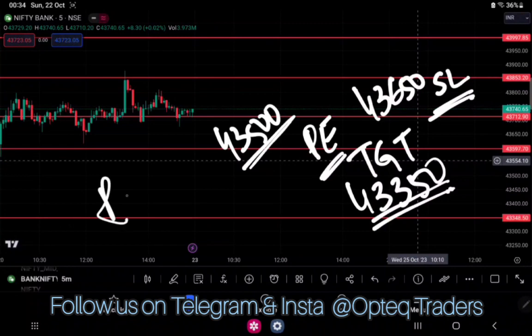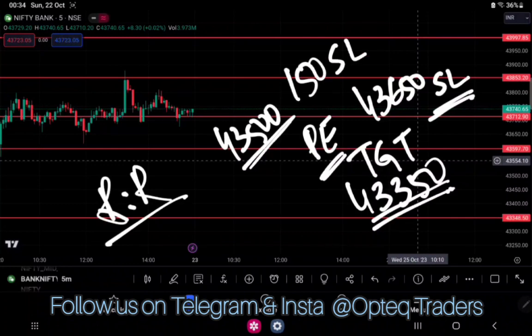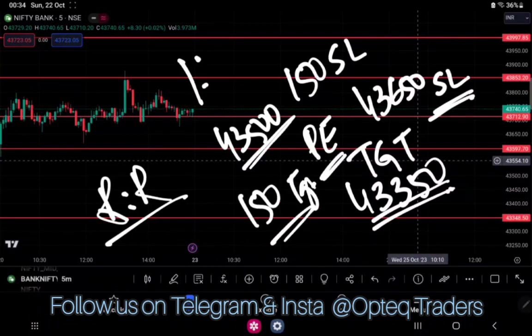Now the risk reward ratio is good here, considering 150 points of your SL and target being close to about 150 again. So it's a 1:1 reward ratio.